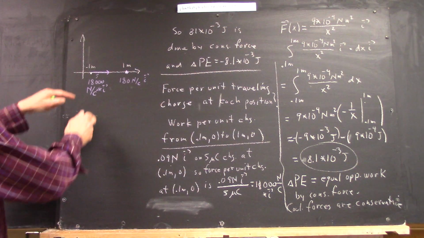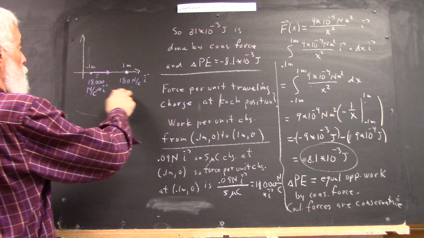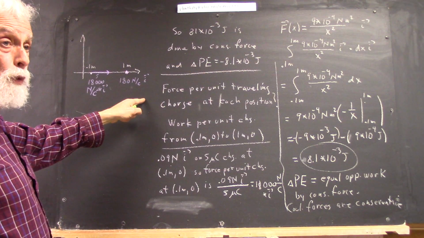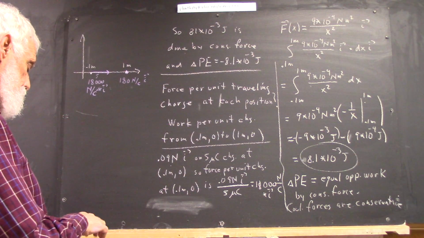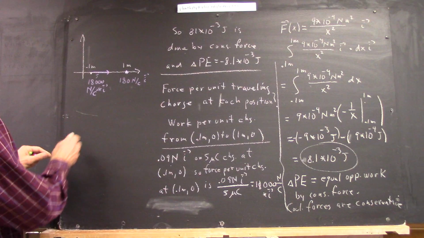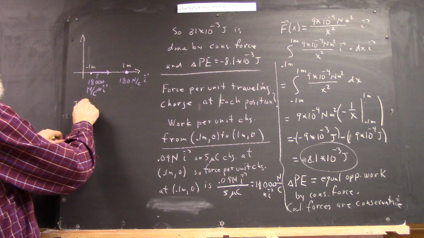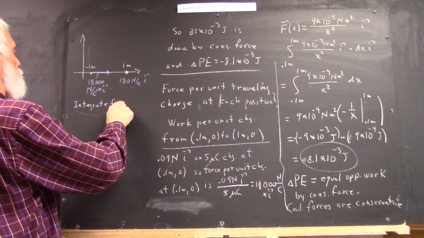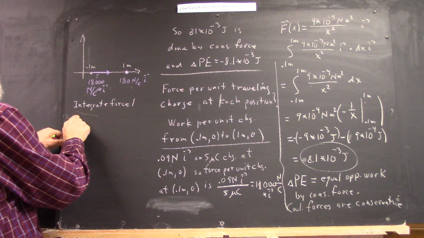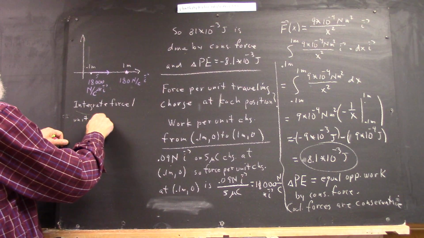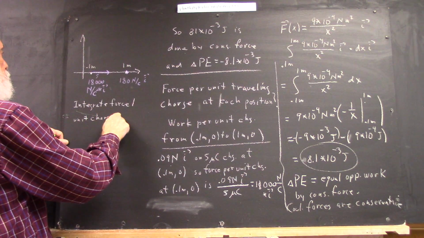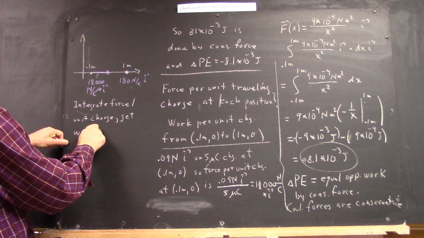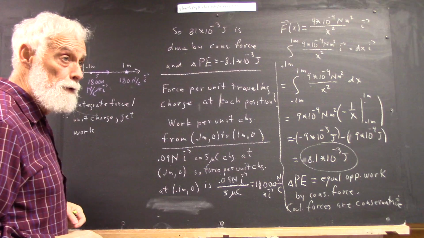Now, as you go from here to here, you could integrate this from here to here, which would give you what? Work. Work per unit charge, right?